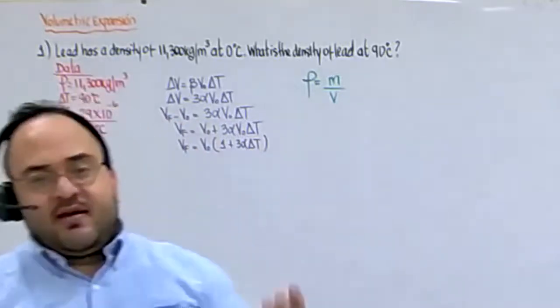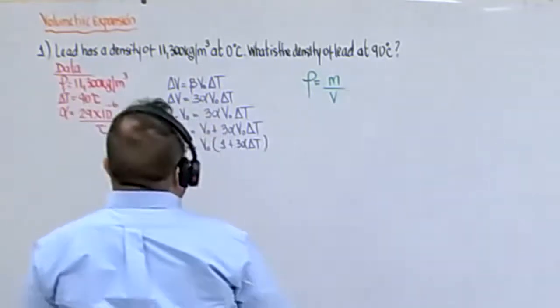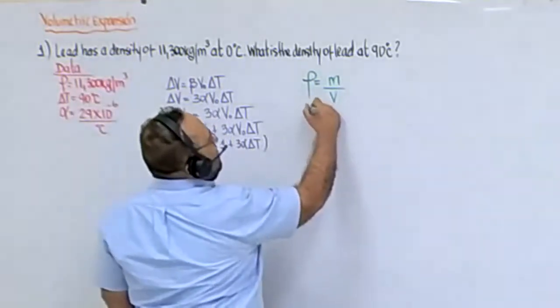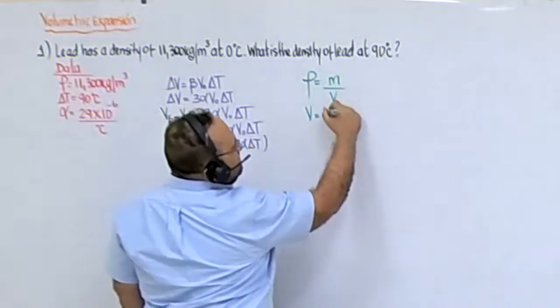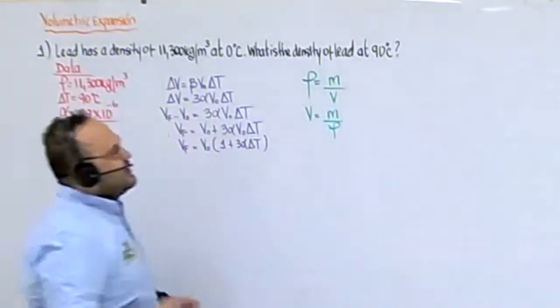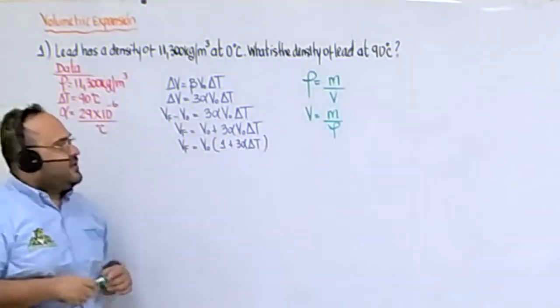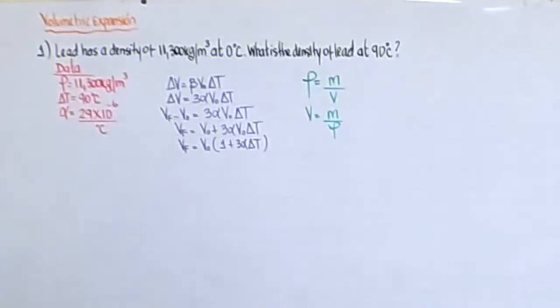And if you want to know the volume of this lead, the volume will be equal to the mass divided by the density. A similarity, right?